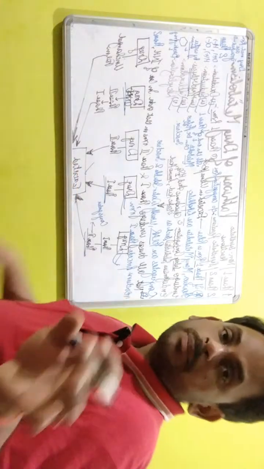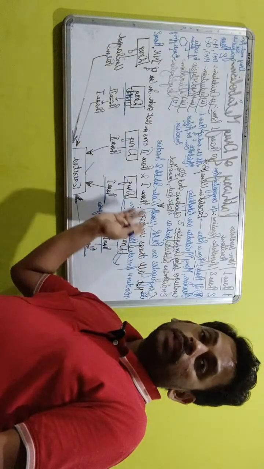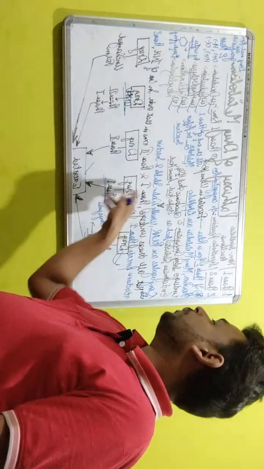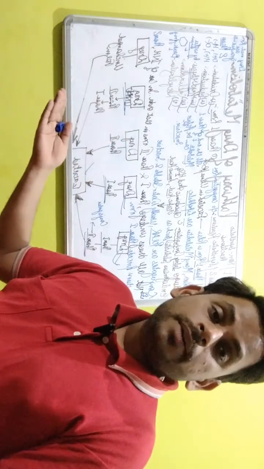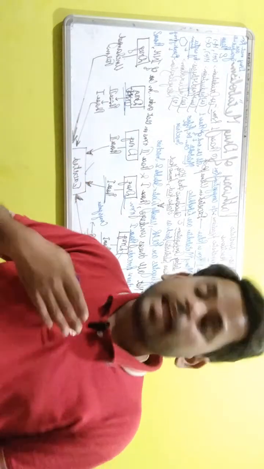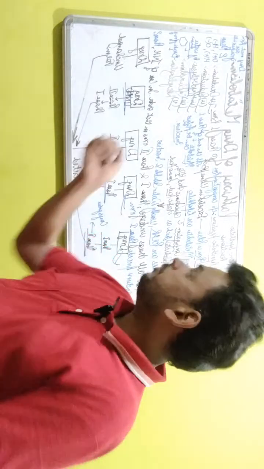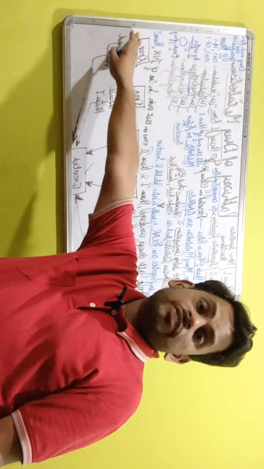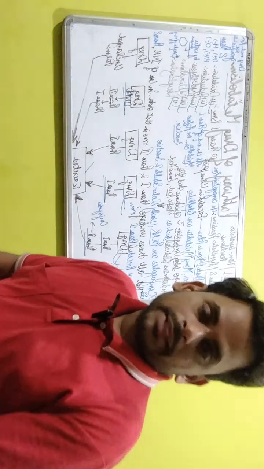So very, very important, students and viewers: not all drugs undergo phase 1 and phase 2 in that order. There can be certain drugs in which phase 2 precedes phase 1, and ultimately they are excreted.